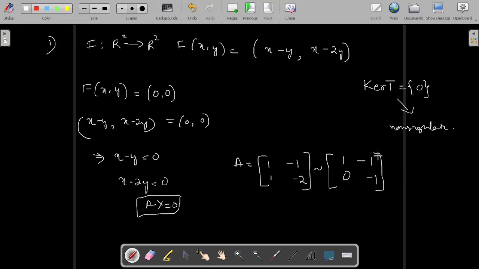So this is the echelon form of the coefficient matrix A. The rank of this coefficient matrix is 2, the number of non-zero rows. These two are non-zero rows, which is equal to the number of variables. You have two variables.